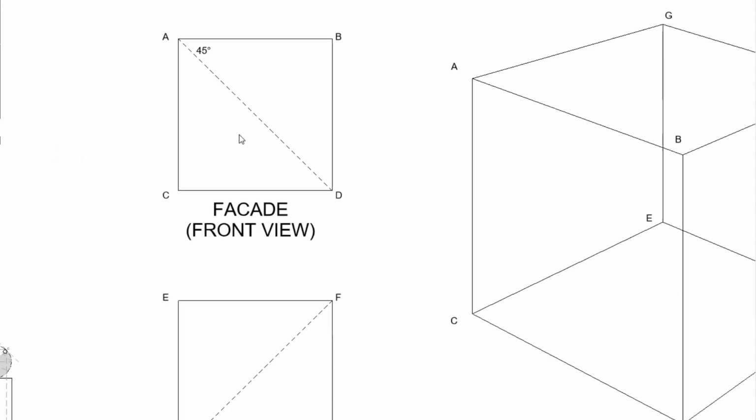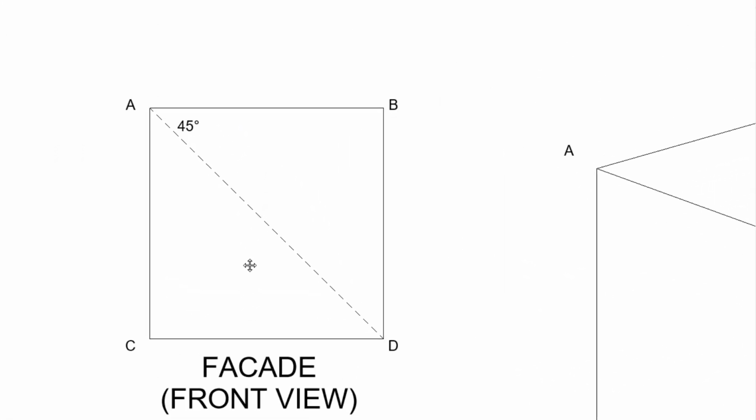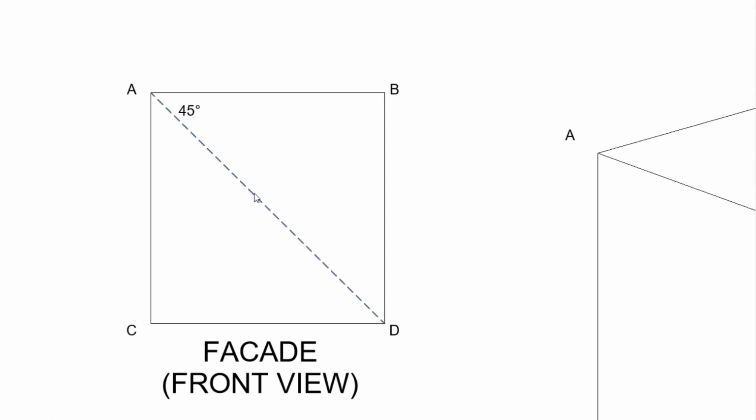So if we come to the facade, this diagonal line represents the fall of light. This is an elevation view, meaning it's a side view. So this is the direction that the shadow is falling in: a 45-degree diagonal trajectory from point A at the top to point D at the bottom.